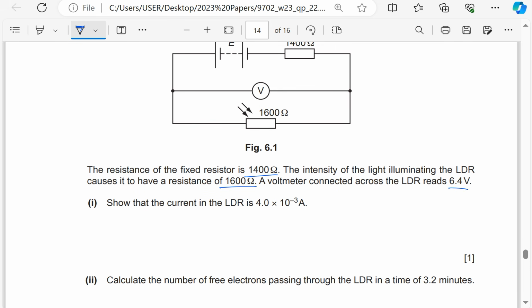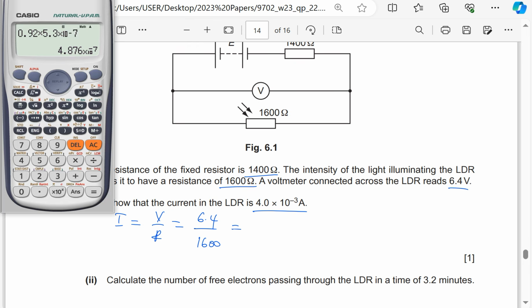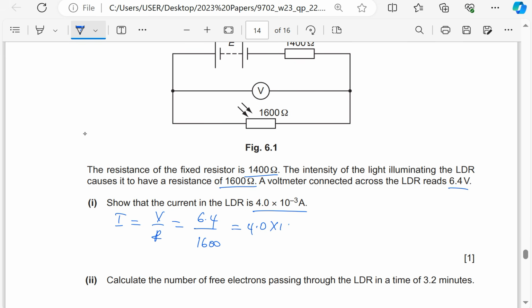So from Ohm's law, current is going to be the PD over R. We want the current in the LDR, so we want the PD across the LDR, which is 6.4, over the resistance of the LDR, which is 1600. 6.4 divided by 1600 is 4.0 times 10 to the power of minus 3 amperes.